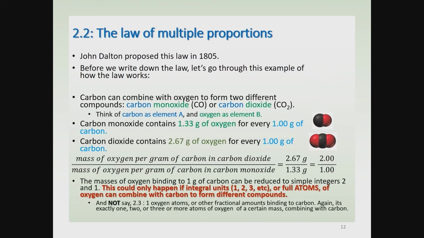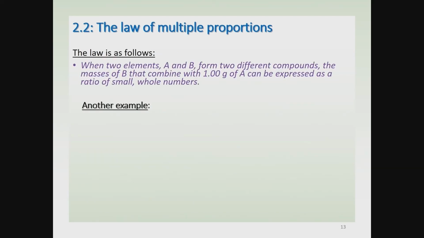And really the only way that can possibly happen is if you have whole integral atoms, like 1 atom or 2 atoms of the oxygen binding to 1 atom of carbon. This could only happen if that's the case. It cannot happen if fractions of atoms of the oxygen are binding to carbon. It's not so much a case, for example, where you're having, say, 2.3 oxygen atoms binding to 1 carbon atom.